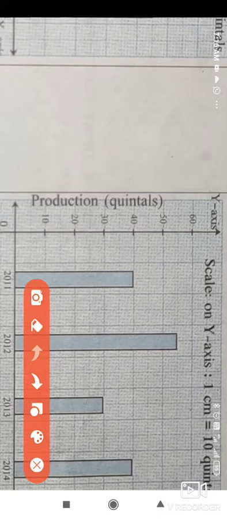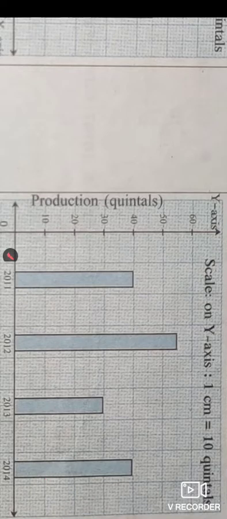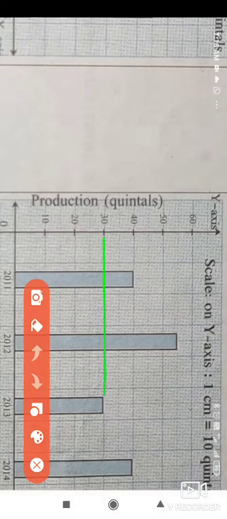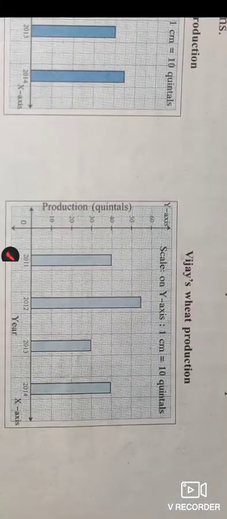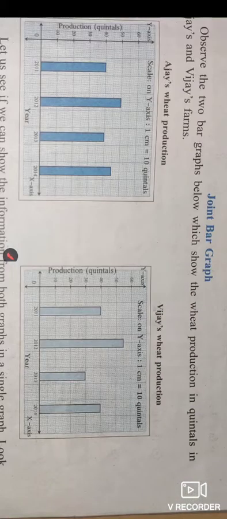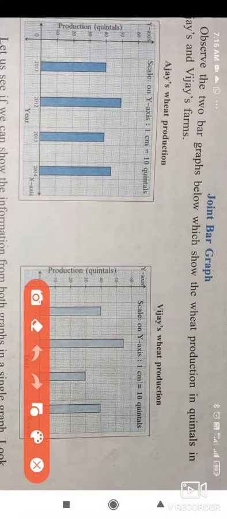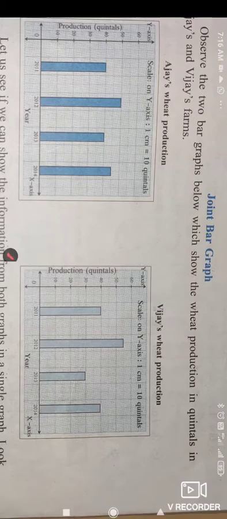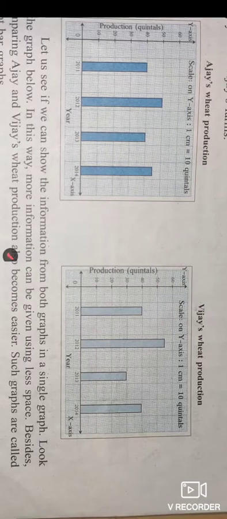Now in 2013 Vijay produced 30 quintals and Ajay produced 40 quintals. Then Vijay's production in 2014 is 40 quintals, and Ajay produced 45 quintals in 2014.